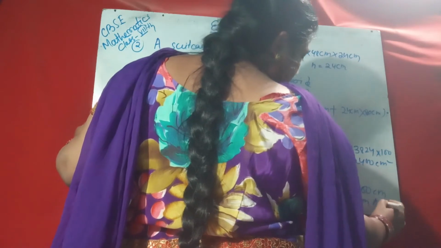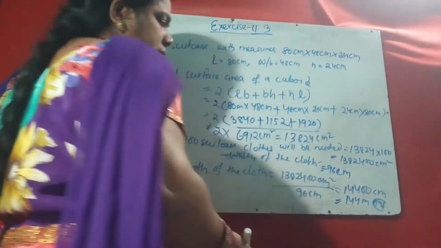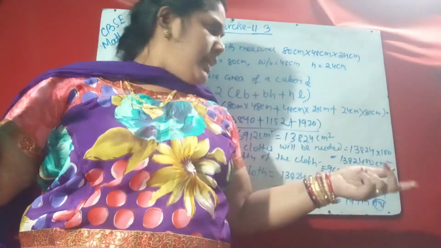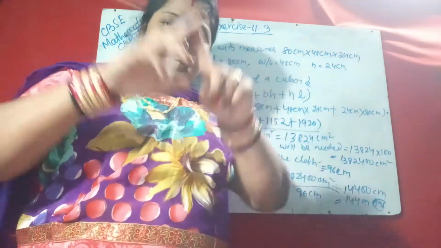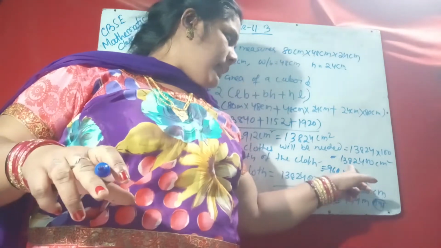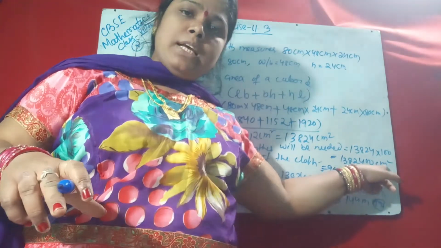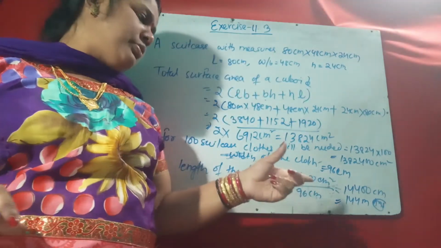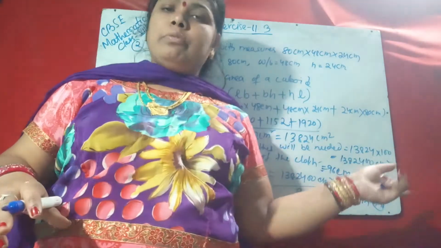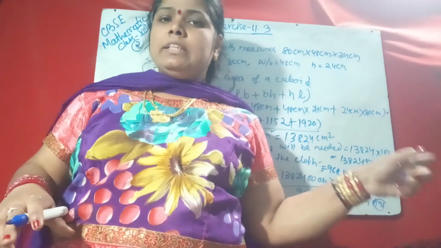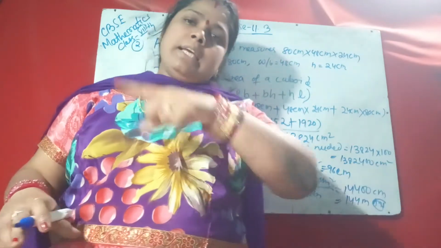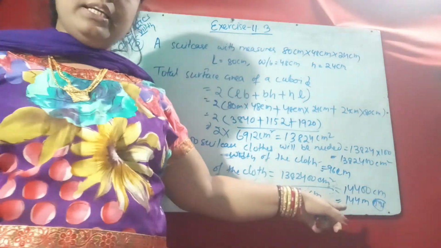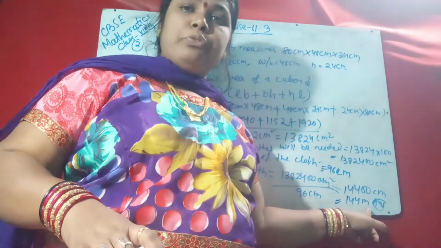This is the answer. Why do we divide here? Because the area of the cloth is given as 1382400 centimeter square, and the area of a rectangle is length into breadth. The breadth is given, so to find the length we divide the total area of the rectangle by the width. And this is your answer, 144 meter.